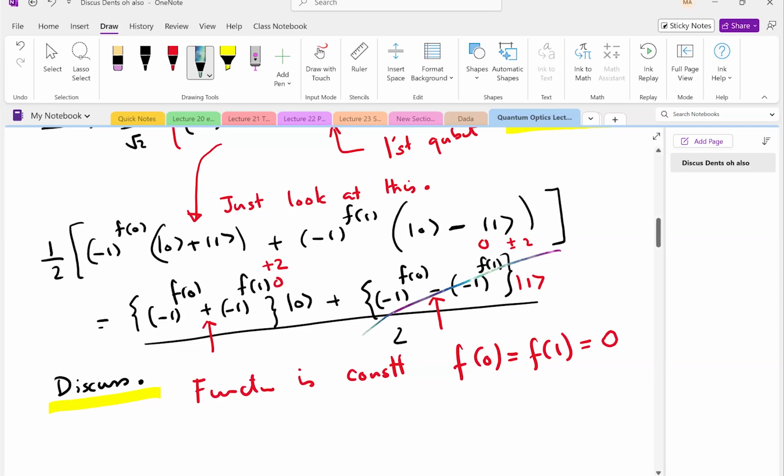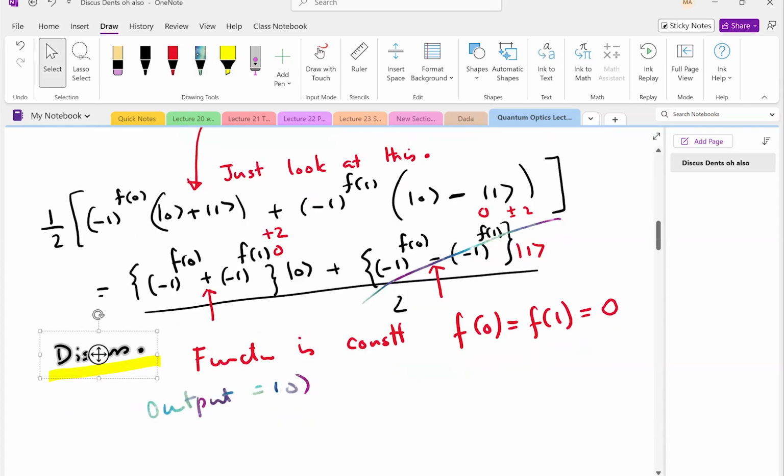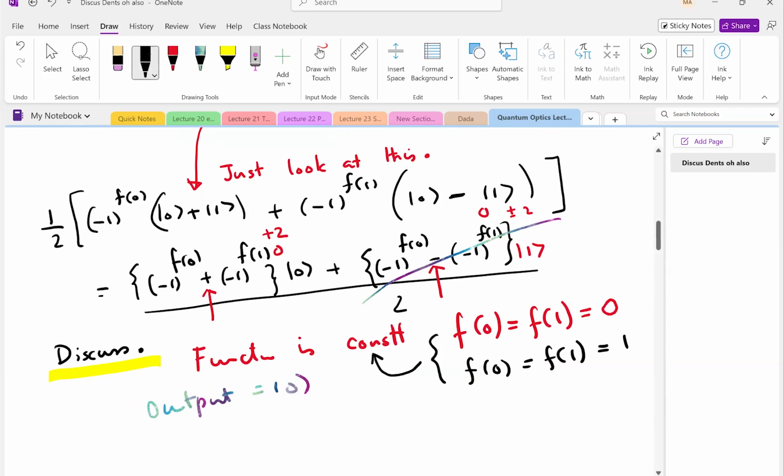This term is going to disappear and you'll be left with an output which is just ket 0. And it doesn't matter whether the function is 0 or it's 1. Whenever the function is constant, either of these two scenarios are applicable, but both of them will yield this result.